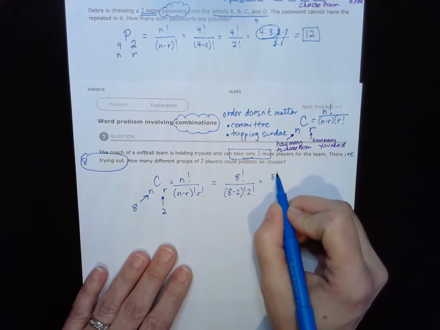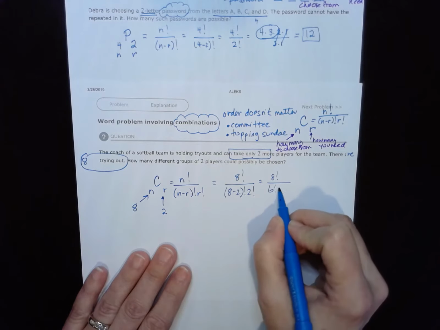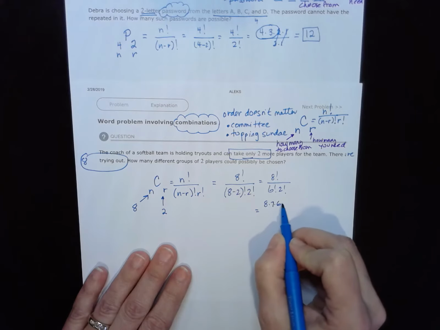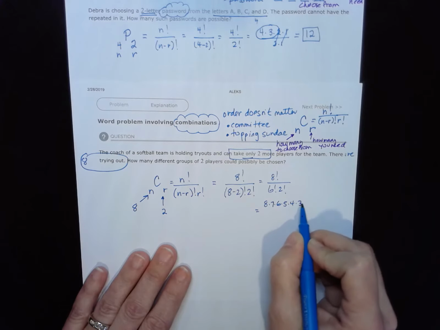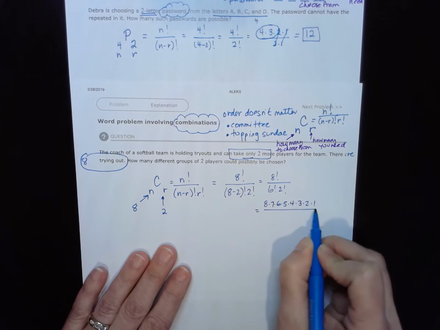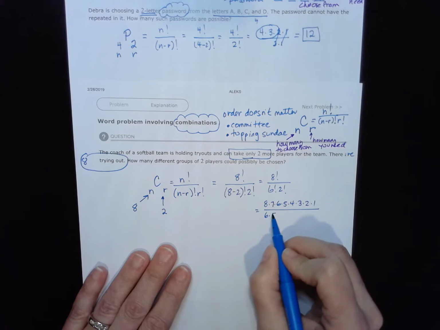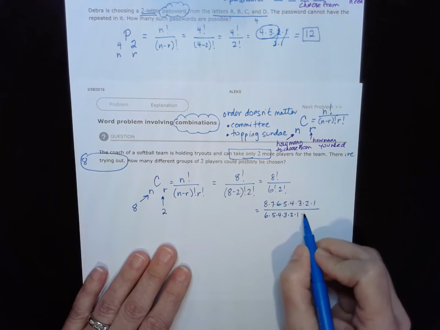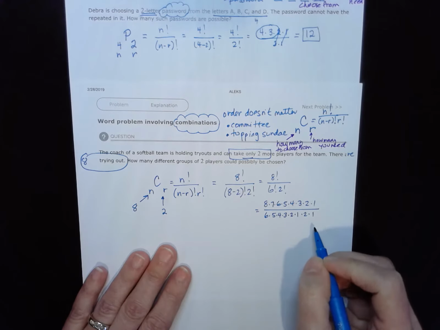So that would be 8 factorial over 6 factorial, 2 factorial. And then I can write it out. 8 times 7 times 6 times 5 times 4 times 3 times 2 times 1. 6 factorial, 6 times 5 times 4 times 3 times 2 times 1. And then another 2 factorial, 2 times 1.